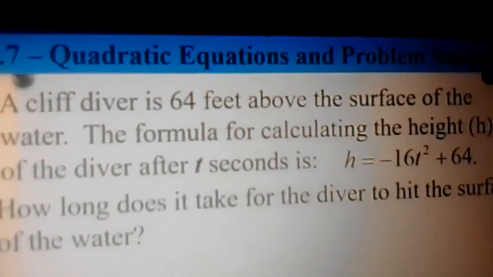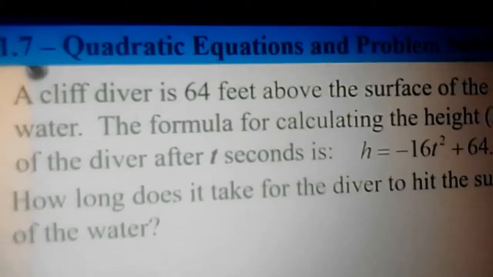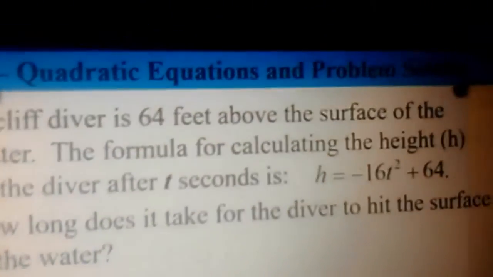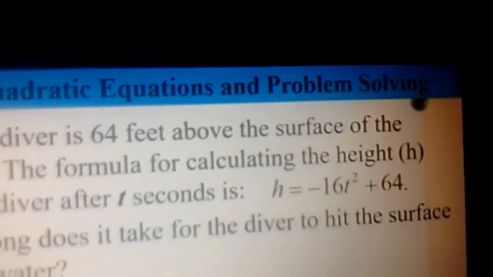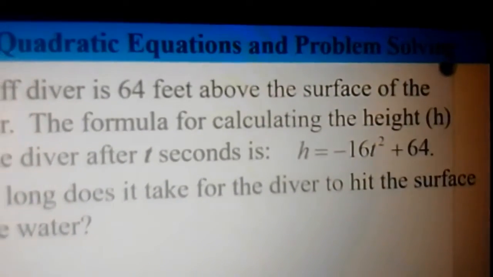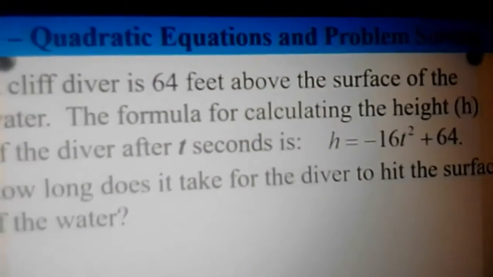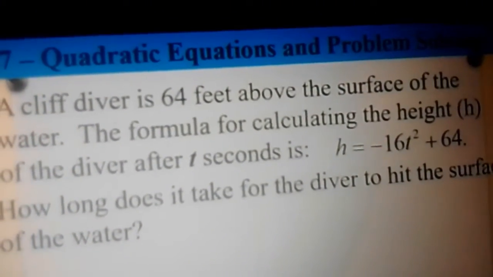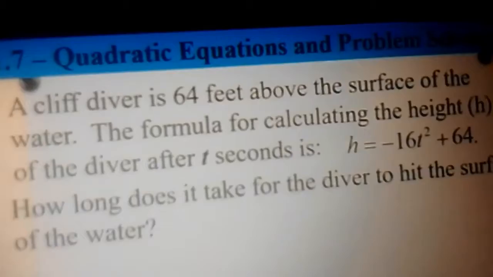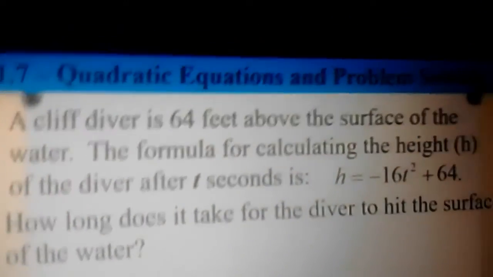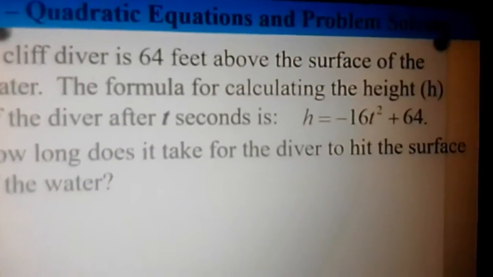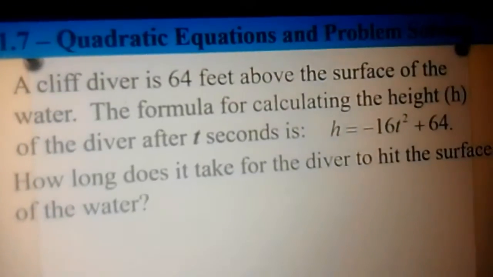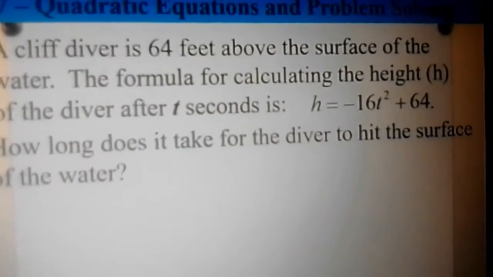The problem states that a cliff diver is 64 feet above the surface of the water. The formula for calculating the height of the diver after t seconds is h equals negative 16t squared plus 64. As you have seen, the formula of the height is given.